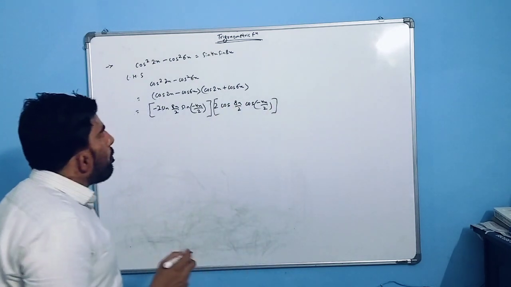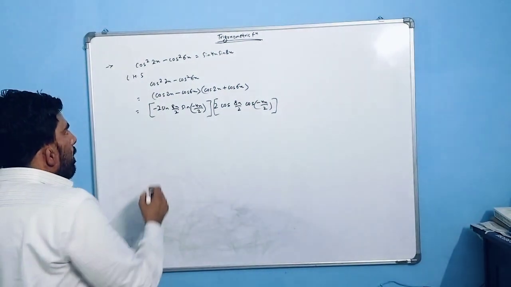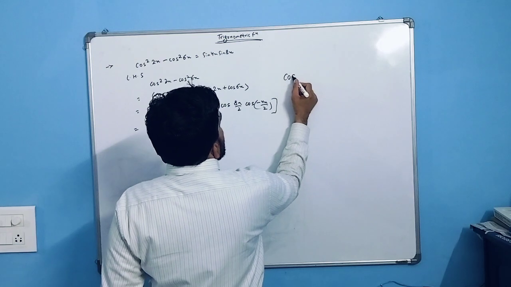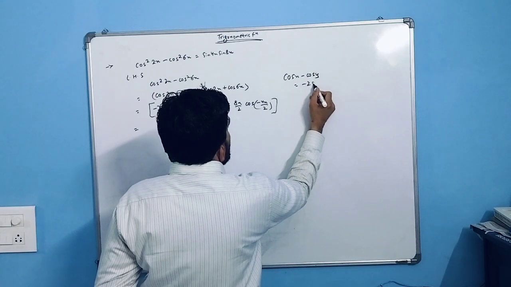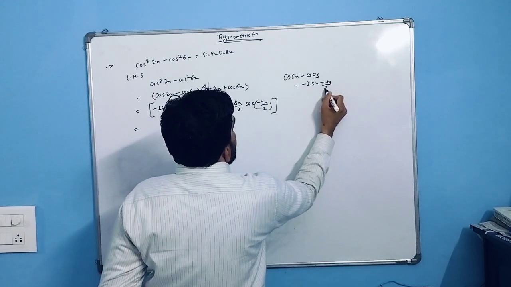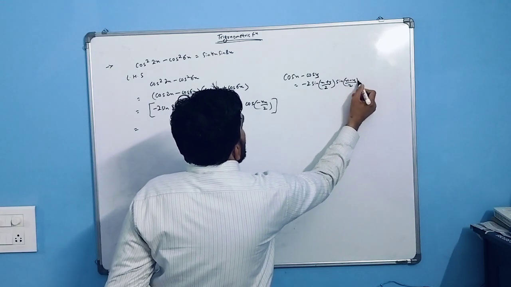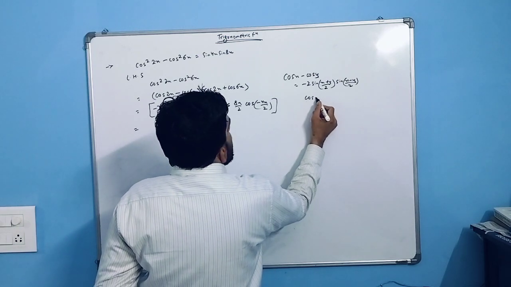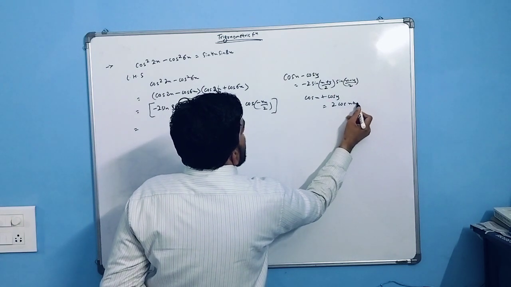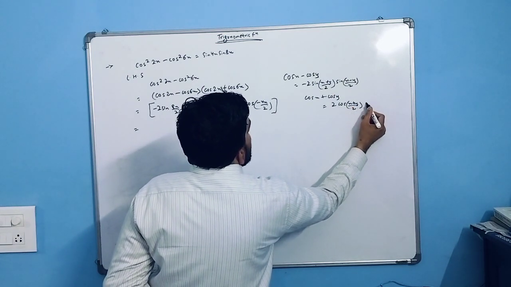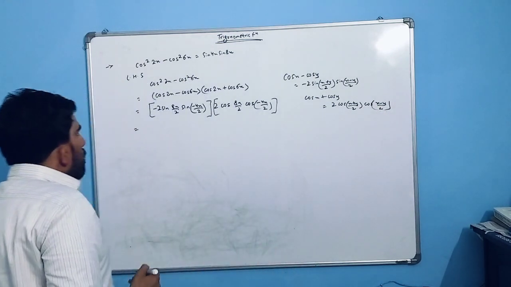So this is the identity I am using, that is cos x minus cos y and cos x plus cos y. Okay. So what is cos x minus cos y? That is minus 2 sine x plus y by 2 and sine x minus y by 2. Okay. And I am using cos x plus cos y, that is 2 cos x plus y by 2 and cos x minus y by 2. Okay. So I am using it.